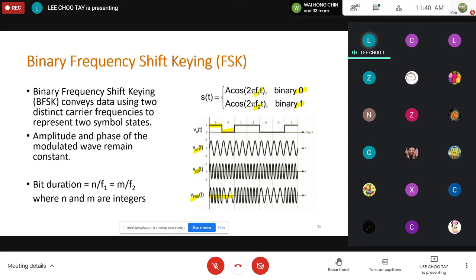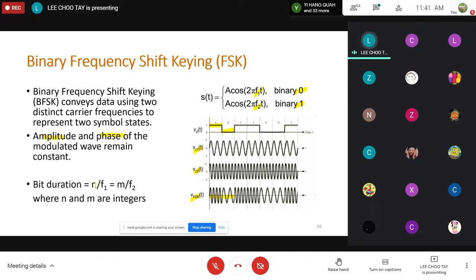The frequency of the carrier represents whether the data is a 1 or a 0. Concept-wise, it's very easy as well. The amplitude is the same for both carriers, and the phase angle of the carrier is also the same for both. So we have to maintain the amplitude and the phase angle in this FSK modulation technique.